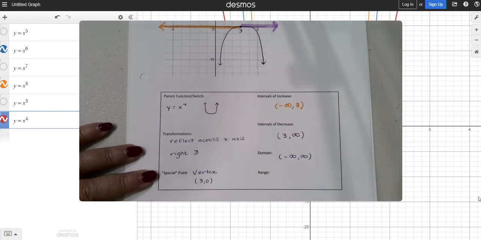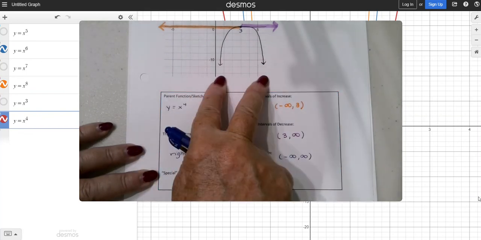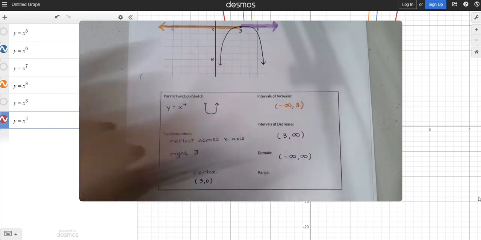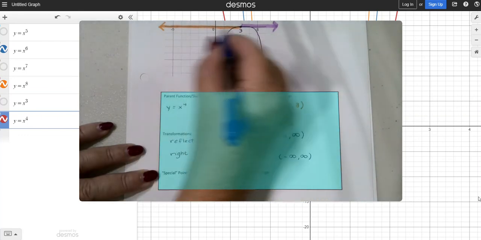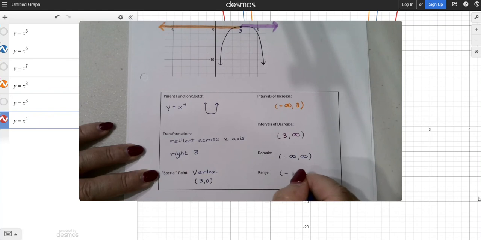This is still going to be just sort of a gimme. Negative infinity to infinity for really all power functions. As far as the range, though, this does go down to negative infinity, but the y values don't get any bigger than 0. So the range would go from negative infinity to 0.